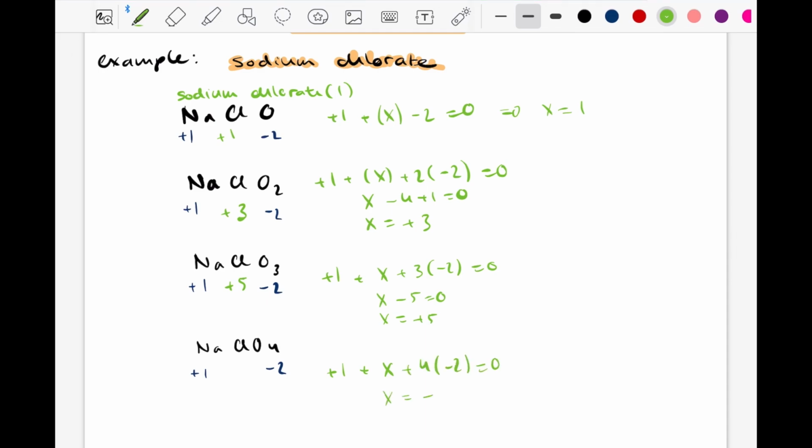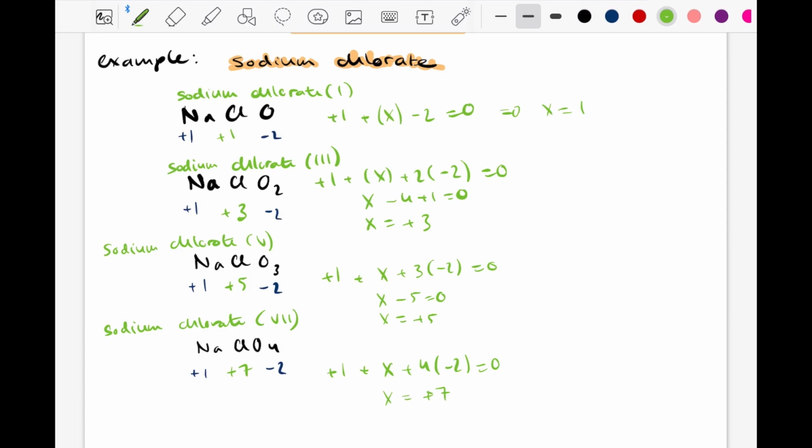So x is going to equal +7, and our oxidation state of chlorine is going to be +7. So here we would denote this as sodium chlorate with 3 in the Roman numerals. This would be sodium chlorate with a 5 in the Roman numeral, and this would be sodium chlorate with a 7 in the Roman numeral.